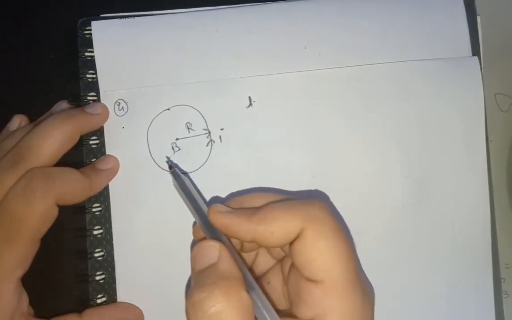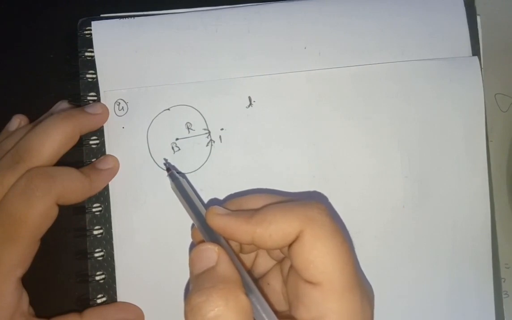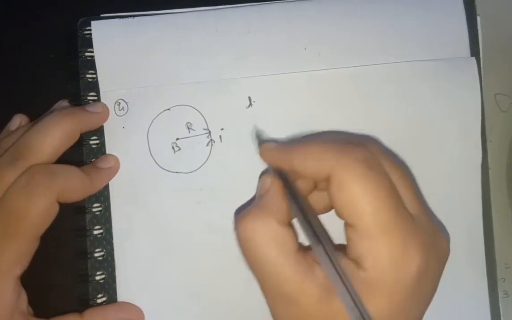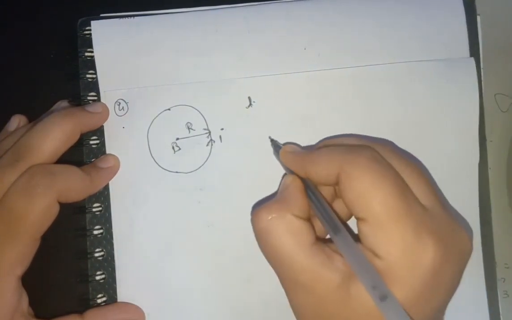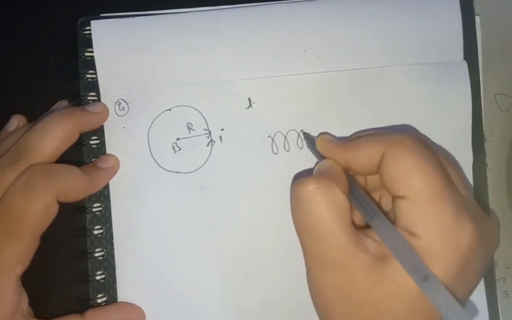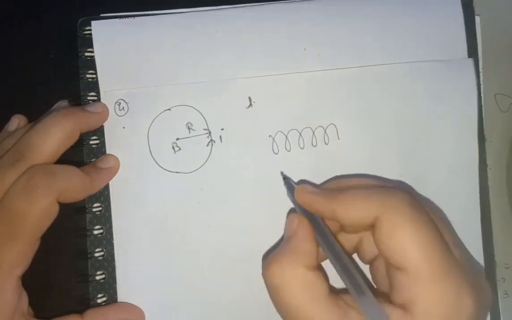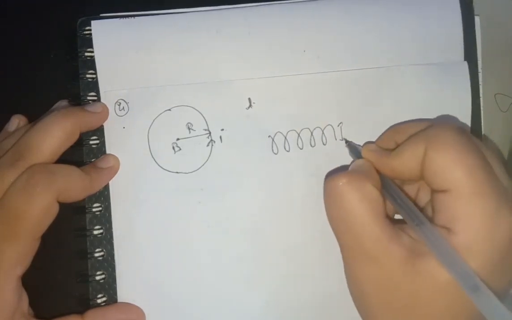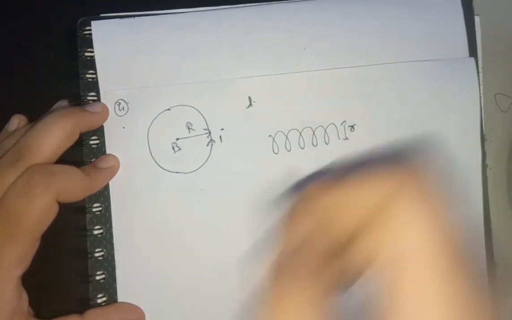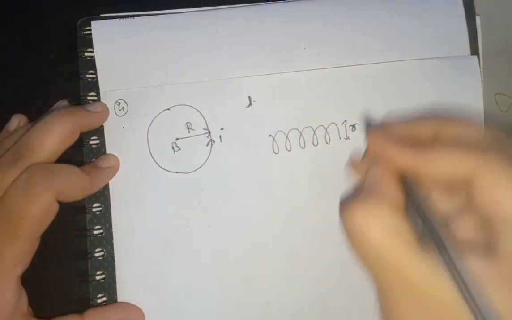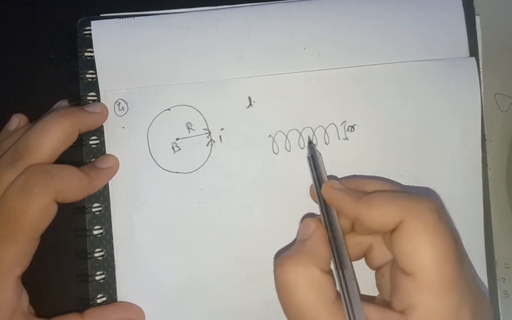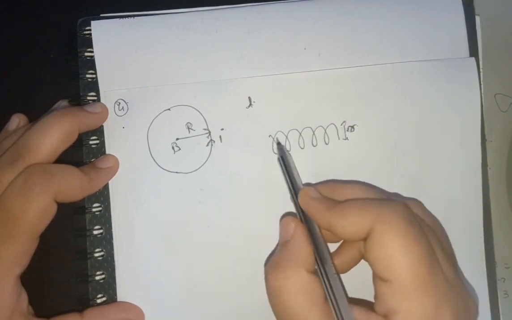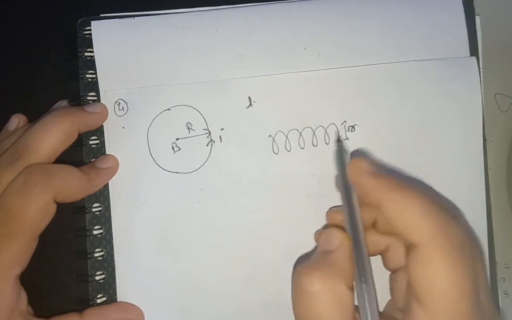Now it is bent into a circular loop of n turns. Here the length will be constant. Let's say it is bent into a circular loop of n turns of radius small r. And the magnetic field due to these n turns at the center we want to find.